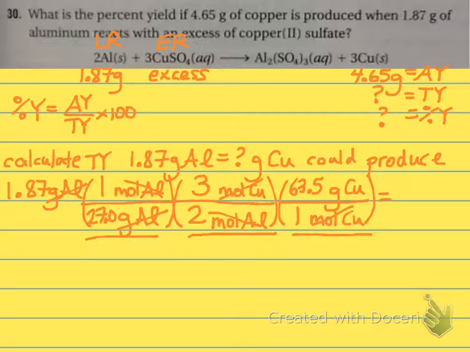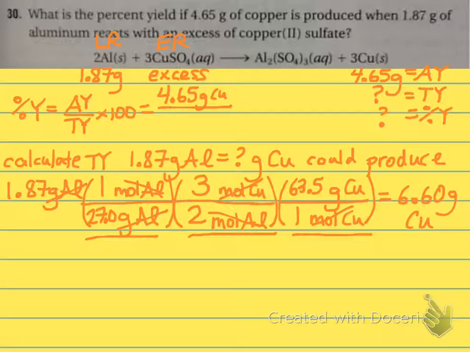On my calculator, that means I'm going to do parentheses 1.87 times 3 times the 63.5, divided by parentheses 27 times 2. And I want 3 significant figures. I got 6.5969, so I'm going to call that 6.60 grams of copper that we produce. So now I can calculate my percent yield. My actual yield was the 4.65 grams of copper.